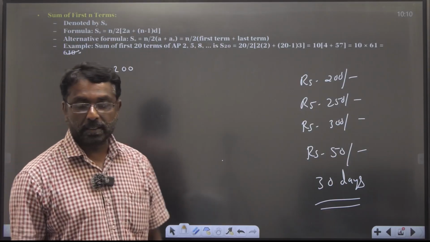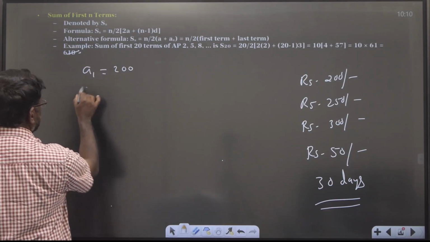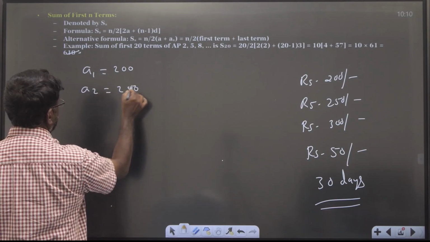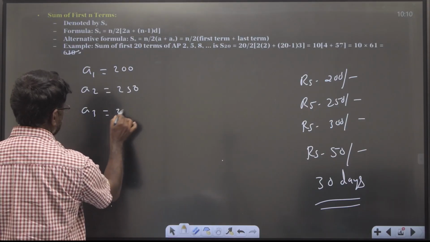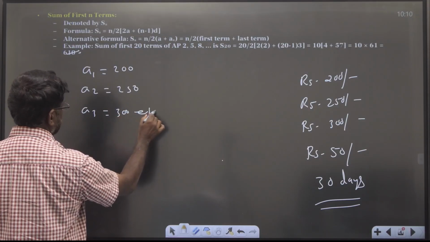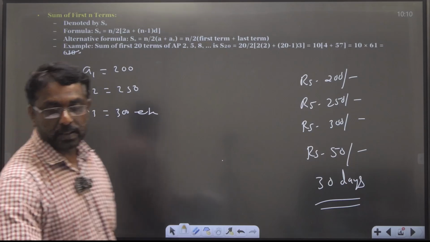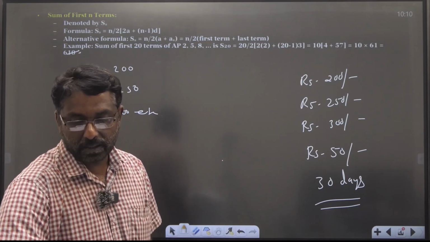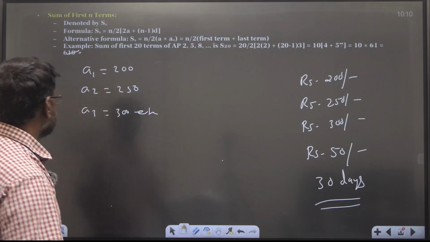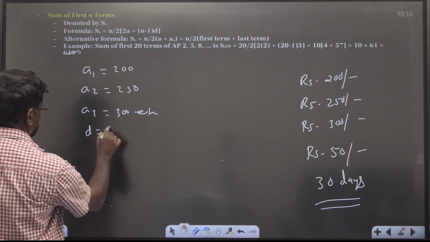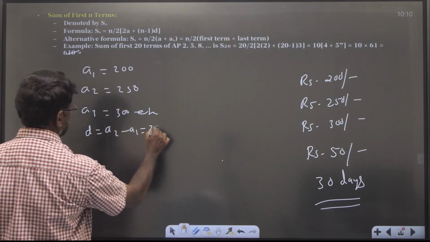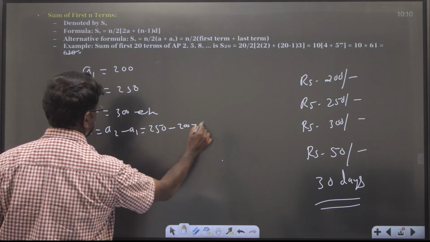First term is 200. Then what is a2? 250. Then what is a3? 300, etc. That is given in the question. So what is d? d is equal to a2 minus a1, that is 250 minus 200, that is 50.